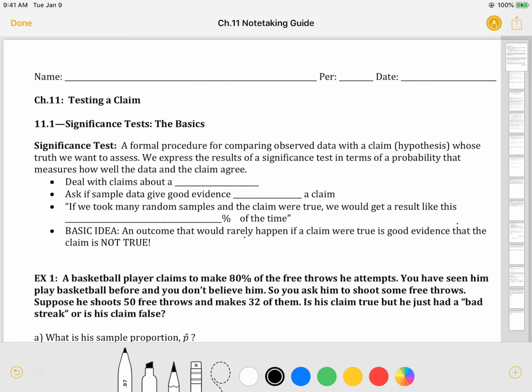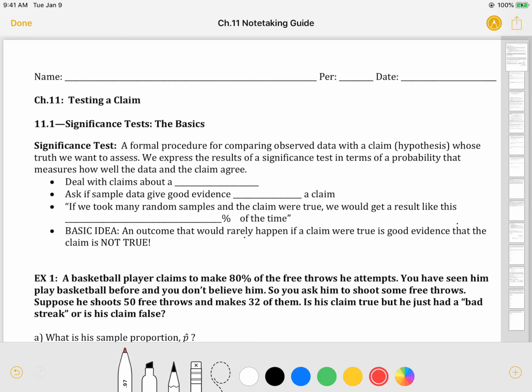So for this first part, we'll introduce a significance test, okay? A significance test is a formal procedure for comparing observed data with a claim, which we call a hypothesis, whose truth we want to assess, okay? So we know that someone has made a statement about a population, say for instance, that the mean GPA of all students that go to South High is a 4.0.